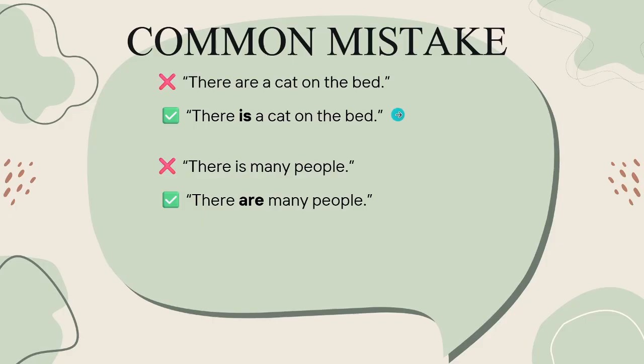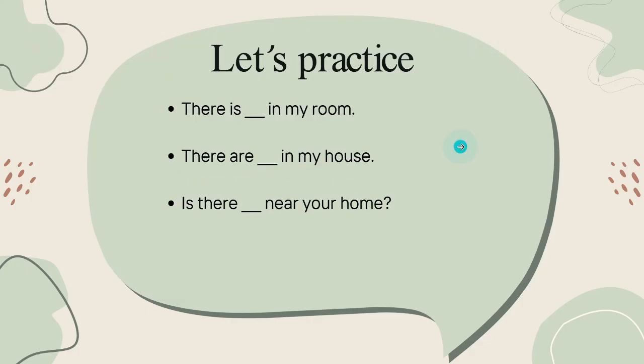So when we are introducing a singular noun, the auxiliary is is. So there is a cat on the bed. There is many people, the same. Now we are using plural, so the correct form is there are many people.